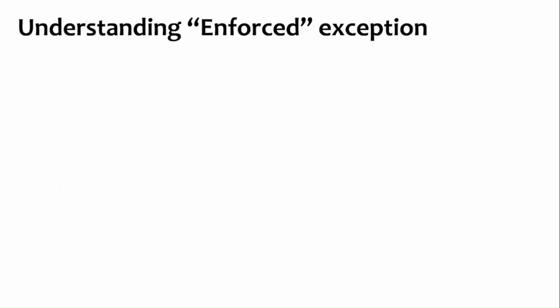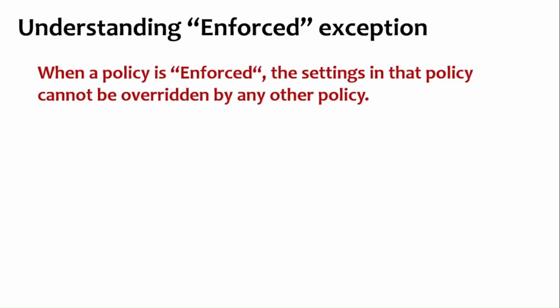First of all, let us understand enforced as an exception in our group policy. When a policy is enforced, the settings in that policy cannot be overridden by any other policy. So it's no override. If there is a conflict, the policy which is enforced will always win.